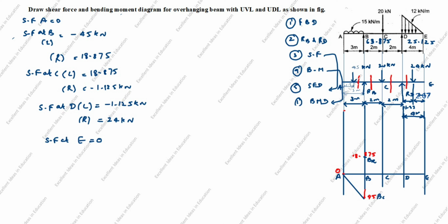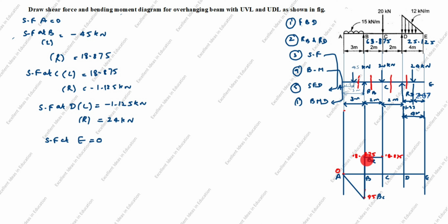So draw the line from here to here. Next, shear force at C, left side is 18.875. So this is also 18.875. Join the line, straight line.